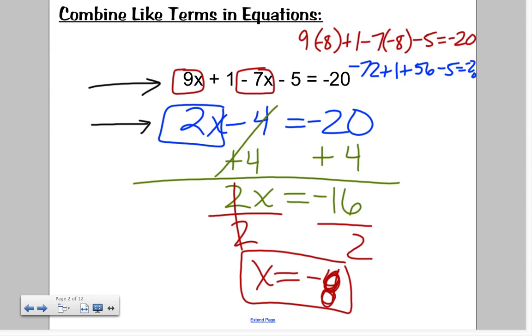Otherwise known as what type of numbers? Positive and negative. You guys remember what we can do from here? Do we have to go left to right? No. What could we do? Remember when we got the red and the blue pens out? What did we do with the positive negative numbers?